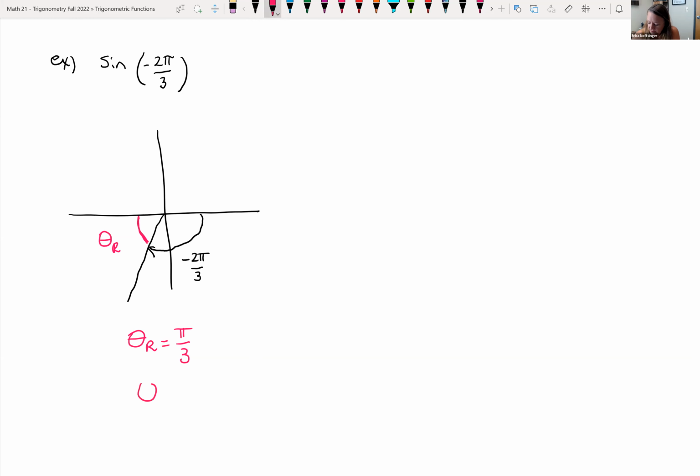So sometimes it's helpful to say, okay, this angle here is in quadrant 3, my reference angle. And so this is equal to negative sine of pi thirds. And so this one is negative. Sine of pi thirds is root 3 over 2. So this is negative root 3 over 2.